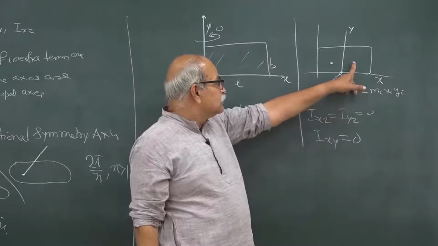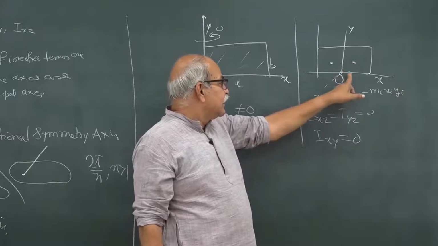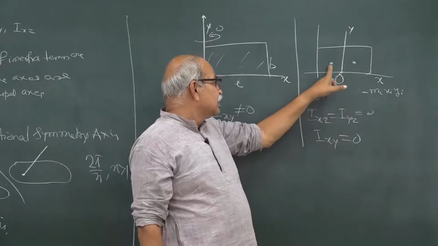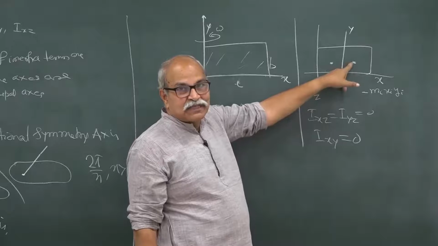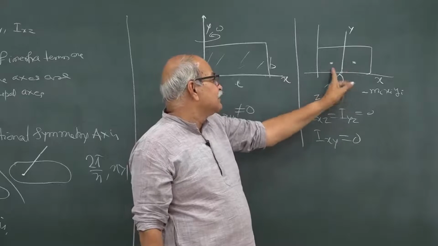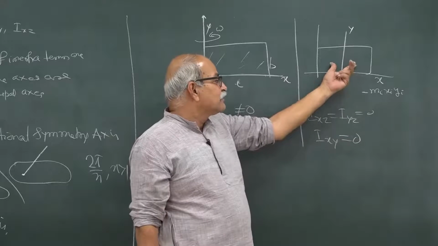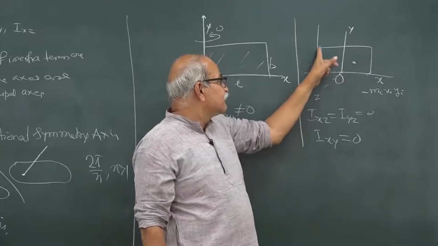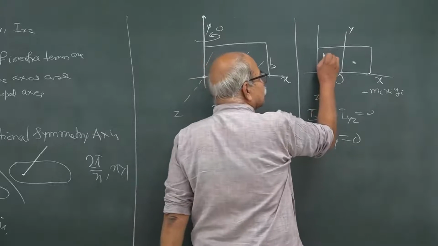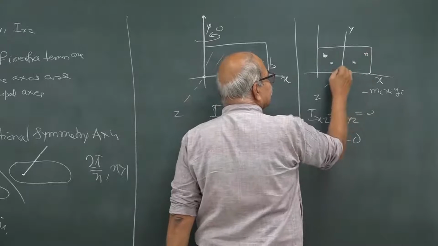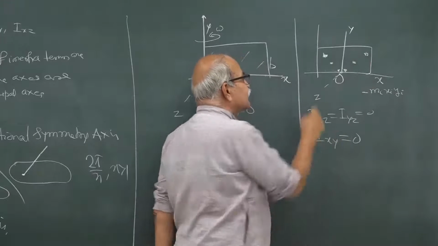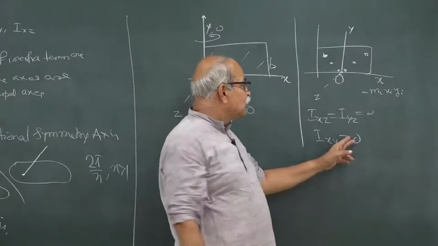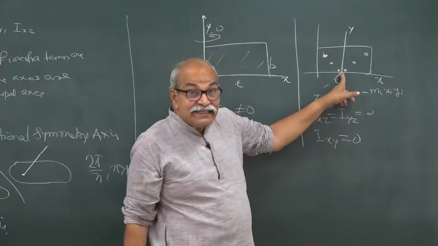So, for this element here, it is x into y, and for this it is x into y. y is the same, positive, but x is negative here and positive here, and so pairwise this term will vanish, and that can be done everywhere. You can distribute these pairs here, here, here, here and so on. This entire thing can be thought of as made of such pairs, and I_xy is also 0. So, this is a principal axis system.